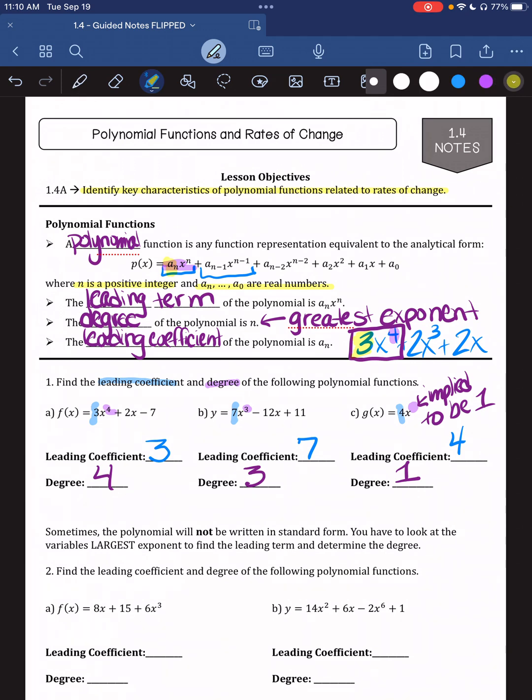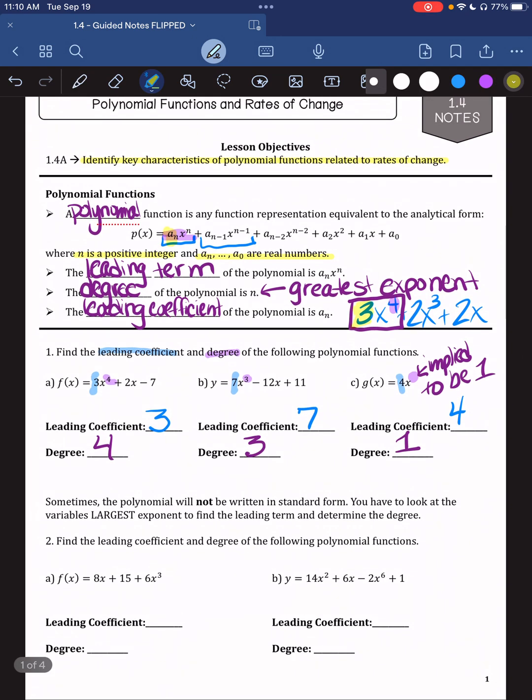Now, we do have to be careful in noticing that sometimes the polynomials are not written in standard form. Remember, standard form is when it's written greatest exponent to least.